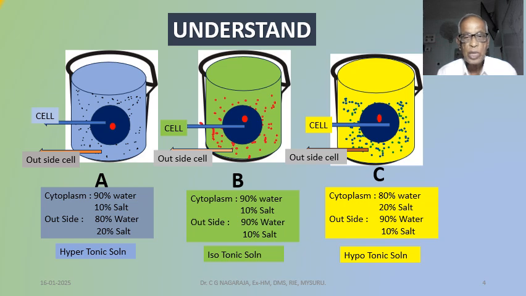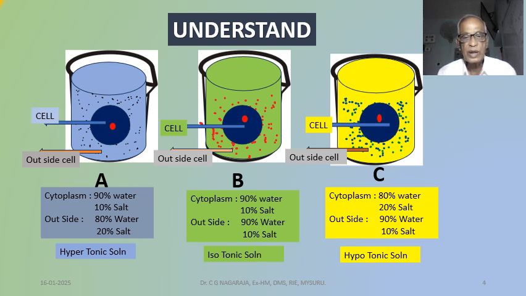In A it is blue, in B it is green, in C it is yellow, indicating there is some difference between them. Let us know what A contains. Now we are talking about two things. The cell contains cytoplasm. Outside there is a liquid or a fluid.